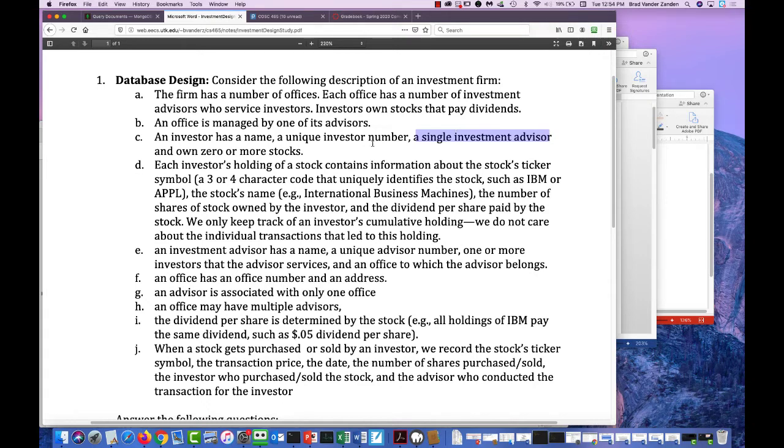And owns 0 or more stocks. Okay, well, this is interesting. This sounds like multiplicity. It sounds like it's giving us the number of occurrences in a relationship. Okay, so this owns, again, here we had it up here and down here. So it looks like it's a relationship, and it looks like it's telling us about the multiplicity of that relationship.